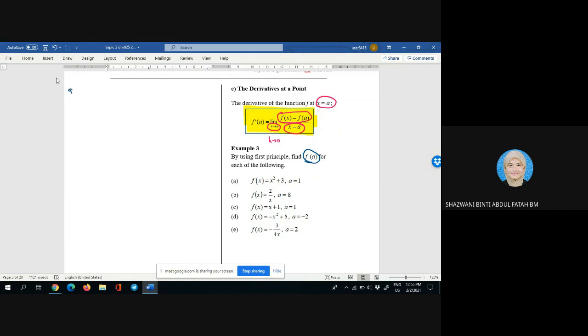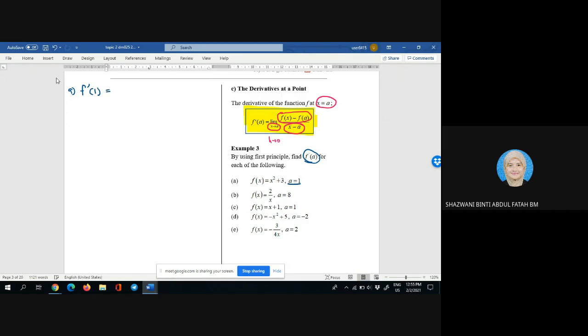That is what differentiates the general derivative from the derivative at a point. Now your a is given as 1, so you want to find f prime of 1, because a equals 1.